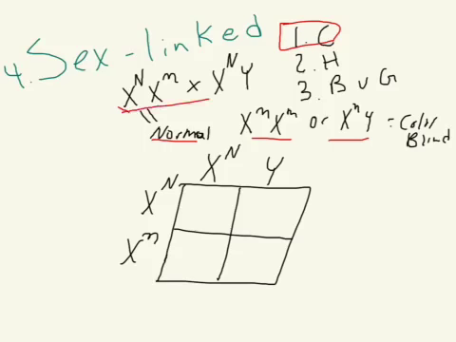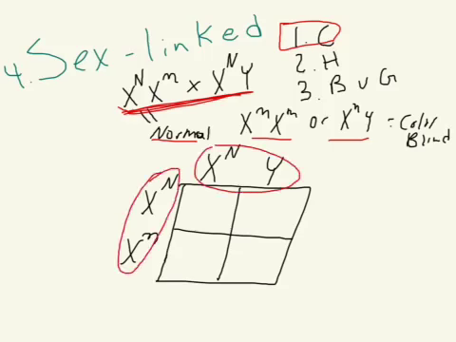This was our second step, defining what our parents are going to be. So we have our normal vision dad at the top here, and our heterozygous mom right there. So I'm just going to go ahead and do the cross, and we bring our X down from dad and our X over from mom.